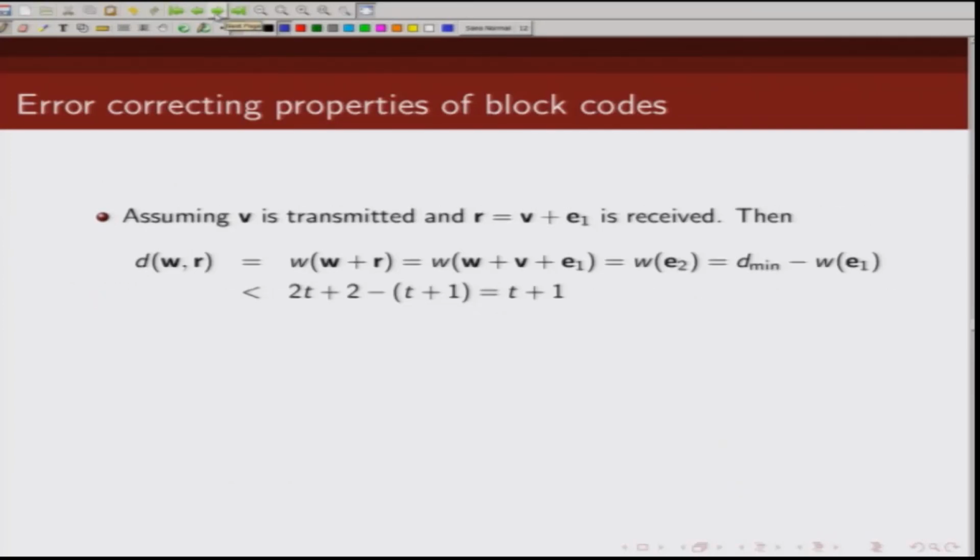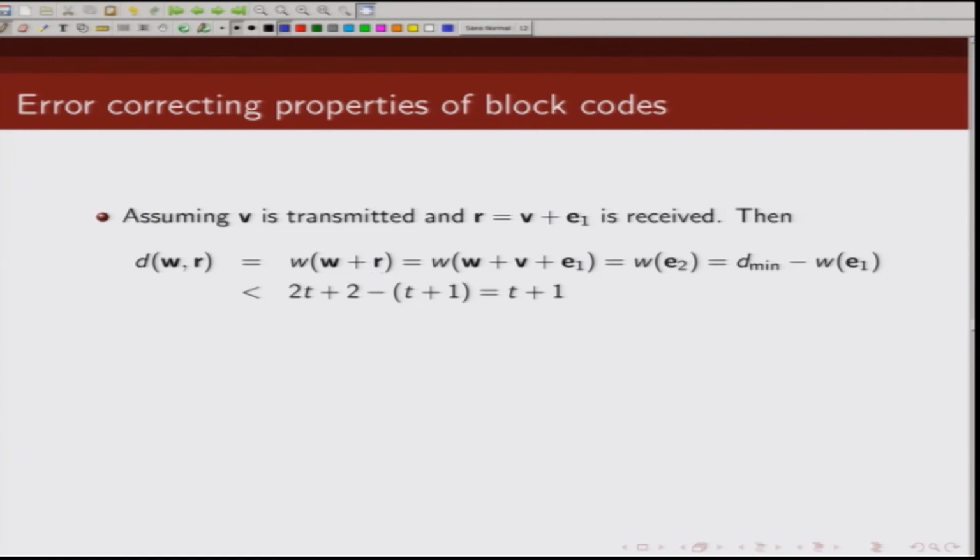Now, we will repeat the same exercise. We will try to find the Hamming distance of this received code word from the correct transmitted code word v and the Hamming distance between the received code word and any other code word w. So, if we calculate the Hamming distance between w and the received code word, we know that the Hamming distance between w and r is nothing but the Hamming weight of w plus r.